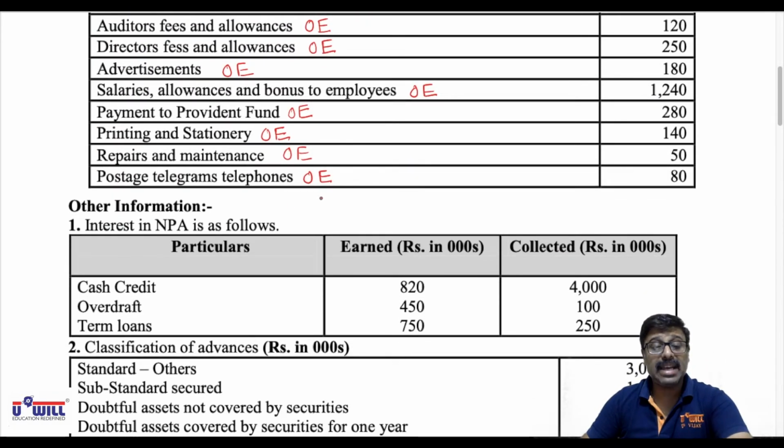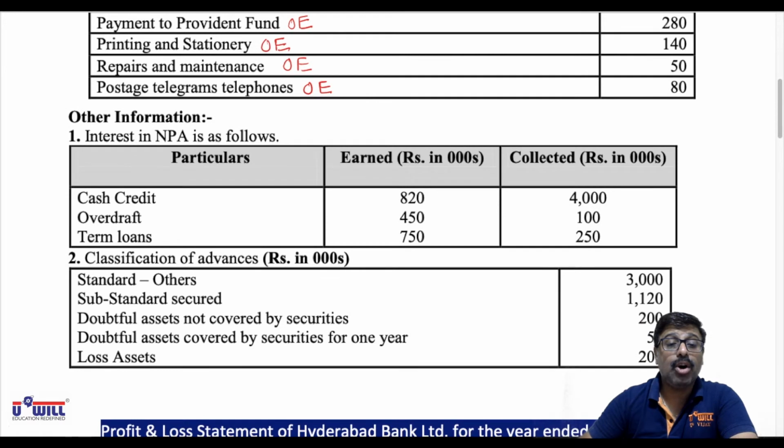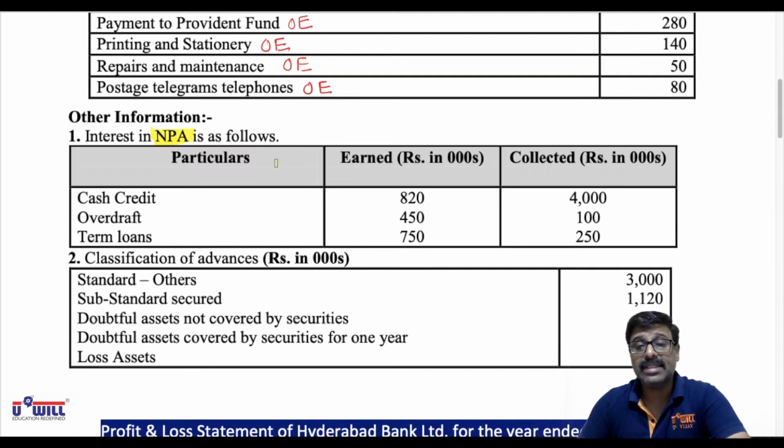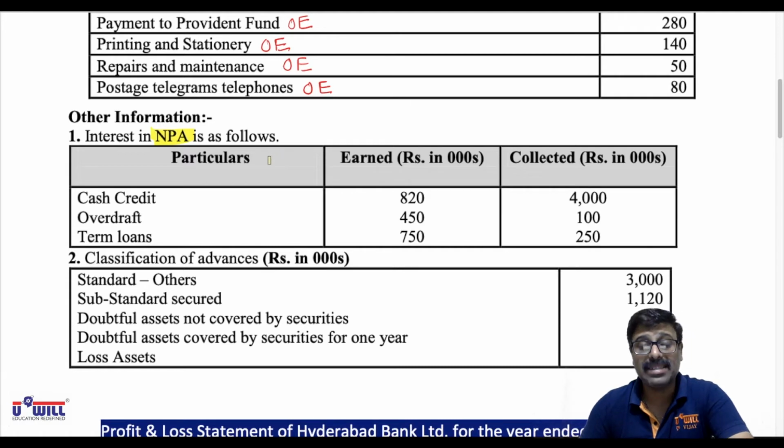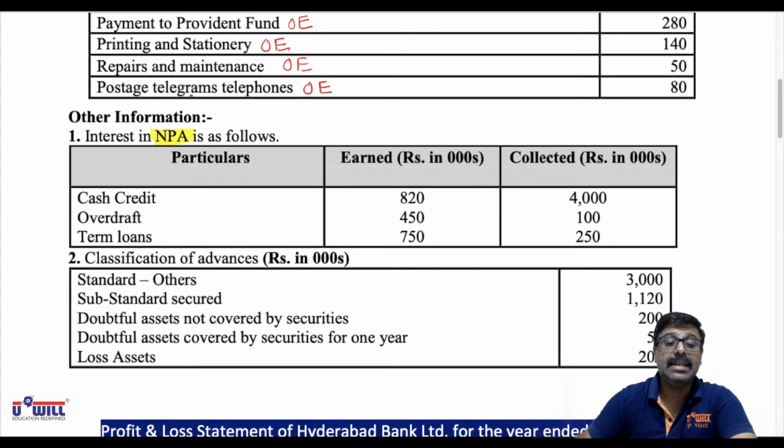Now adjustments are given. Interest on non-performing assets is as follows. We studied in the second lecture that interest on performing assets is recognized on accrual basis and interest on non-performing assets is recognized on cash basis.